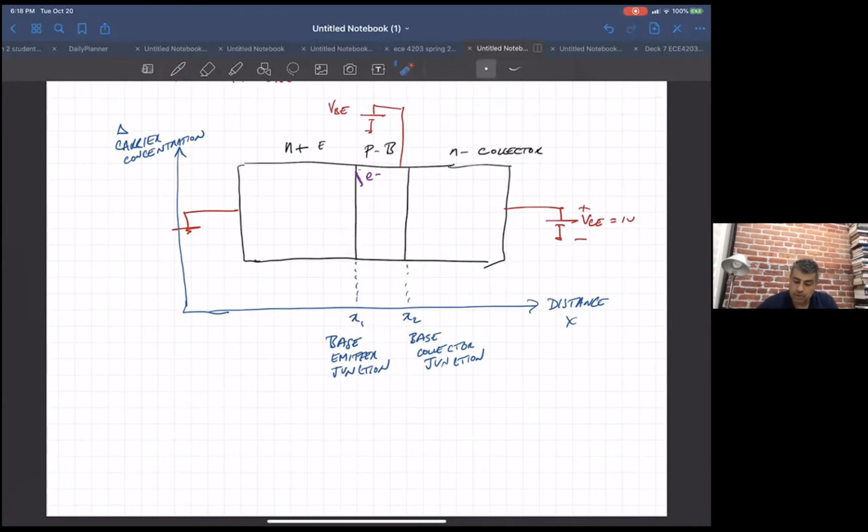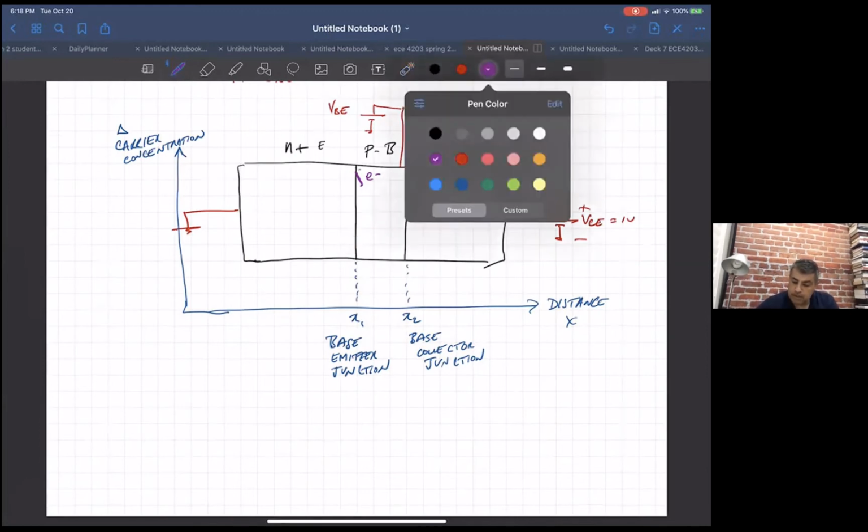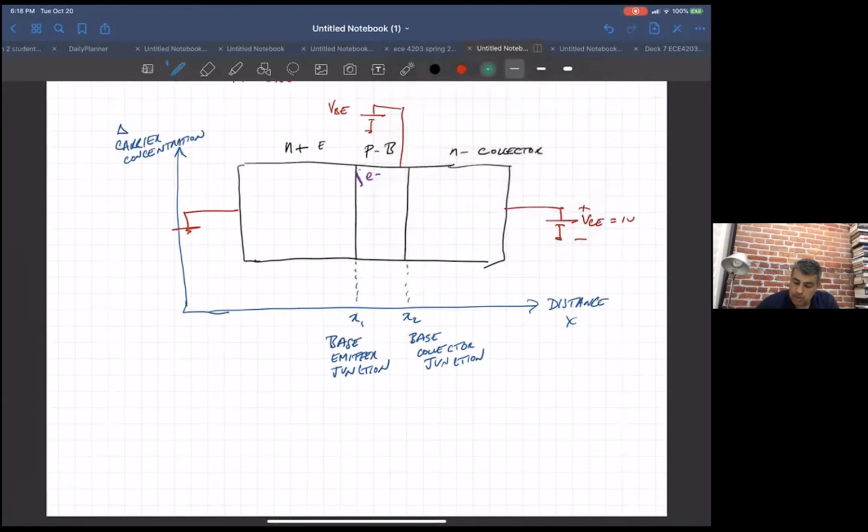A bunch just diffused across, but not as many. The number of these holes is a lot smaller than the number of electrons. We already talked about why: the emitter is doped much higher than the base.